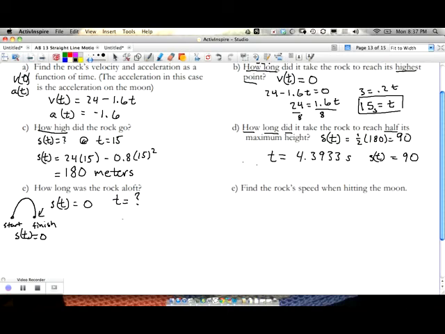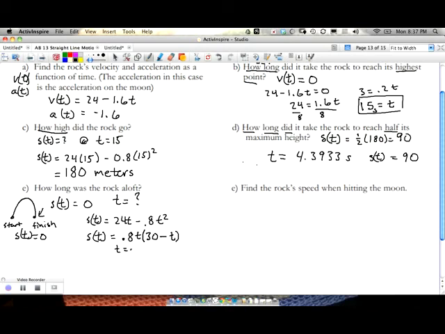Well, let's start with S of t, which was 24t minus 0.8t squared. So I can factor this. In fact, I can factor 0.8t from each one. That's going to be 0.8t times 30 minus t.